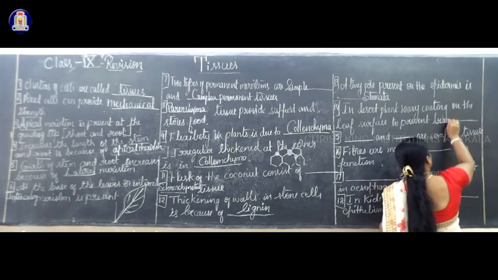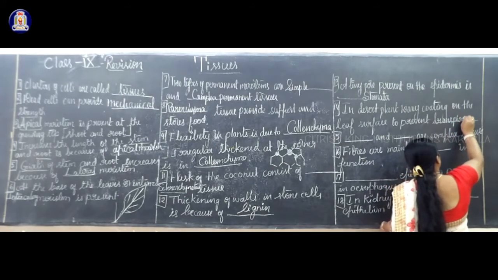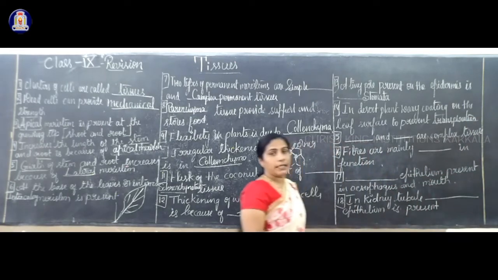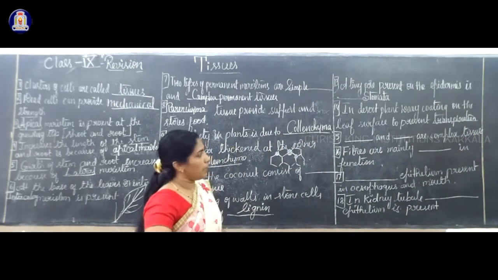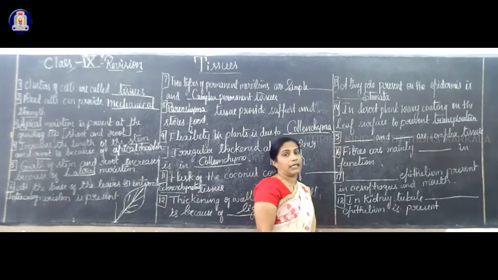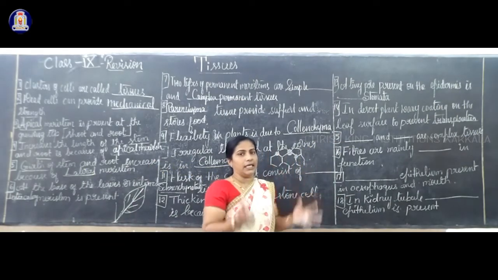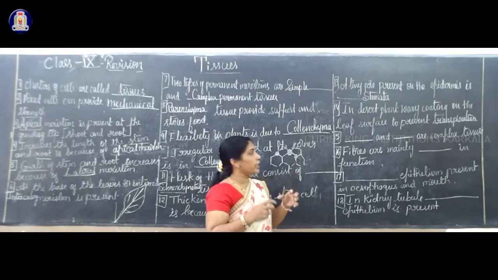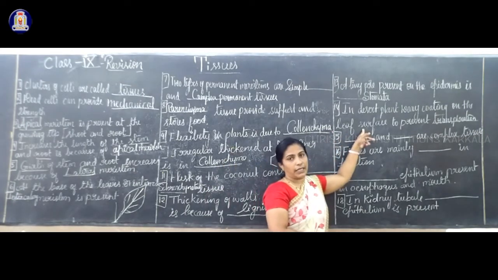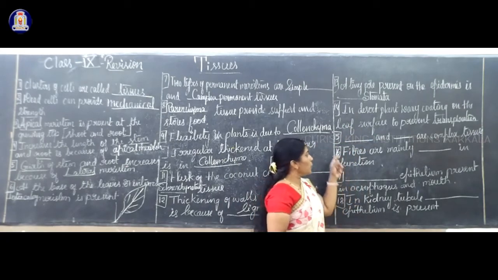What do you mean by transpiration? The removal of excess water from the plant in the form of water vapor is called transpiration. You have observed in desert plants like cactus, a thick leaf. Storage will be high, but transpiration is very low. The reason is there is a waxy coating.